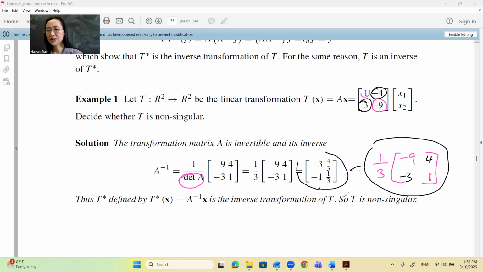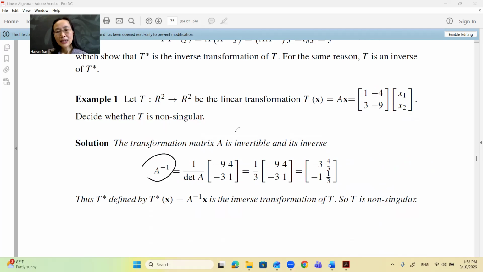Yeah, this is the inverse. So if the transformation matrix A has an inverse, then there's an inverse transformation for this T. What is the inverse transformation?